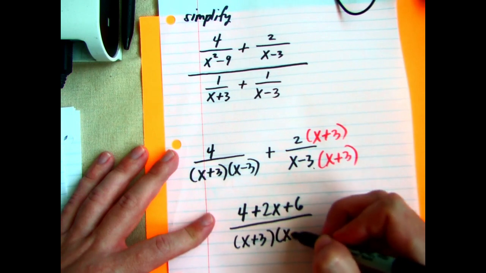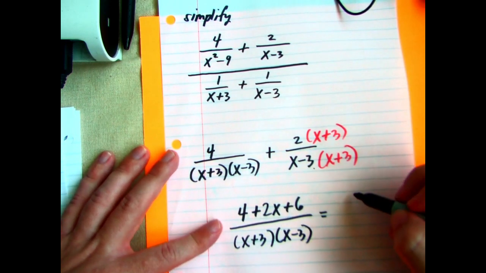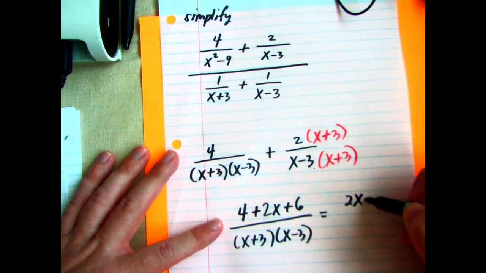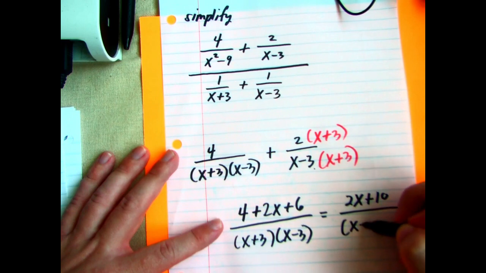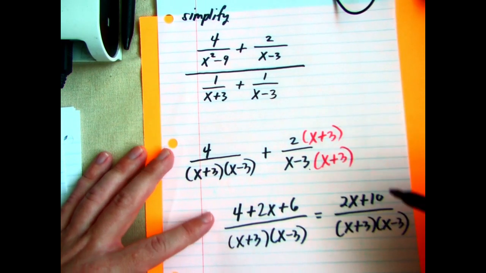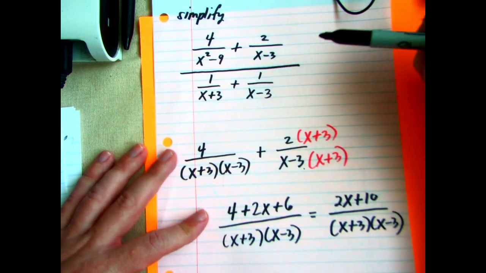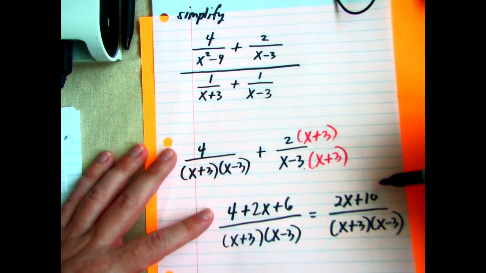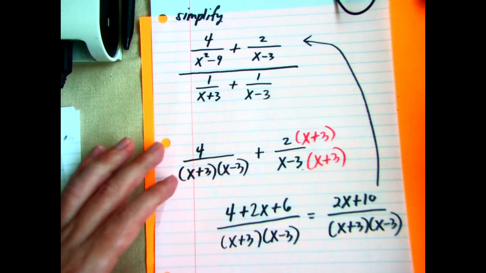Don't forget distribution. 2 times x plus 3 is 2x plus 6. Okay, so what I'm set up with, if I combine like terms but leave it factored, is 2x plus 10 all over x plus 3 times x minus 3. So that is going to be my numerator.